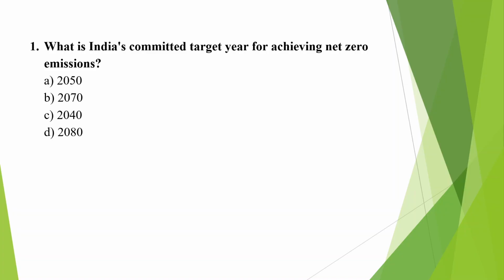Fine. The correct answer for this question is not 2050, that is option A, whichever you are mentioning. It is the wrong answer. The correct answer for this question is option B, 2070.